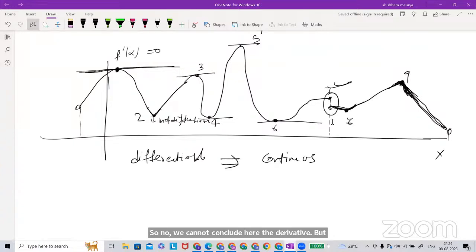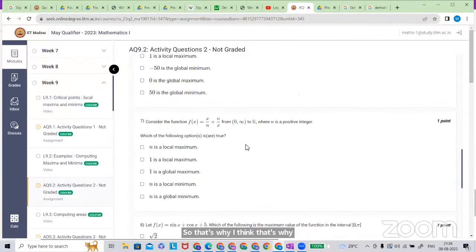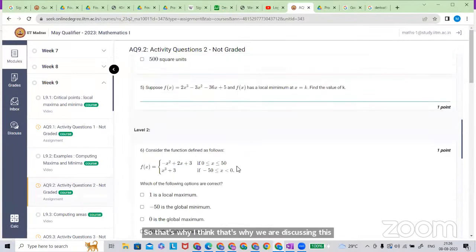But sir, we are identifying critical points based on the derivative. That's why you are discussing this problem. No, I said that by this way you have to differentiate and find, and also you have to check whether the function is differentiable at 0 or not.